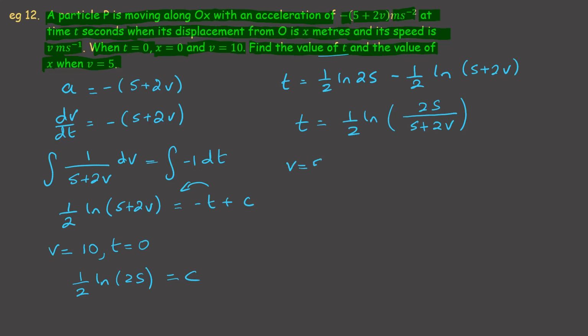So if v is equal to 5, t is going to be a half ln 25 on 5 plus 10, which is 15, giving us t is equal to a half ln 5 over 3.